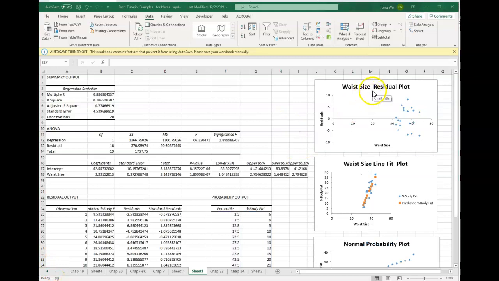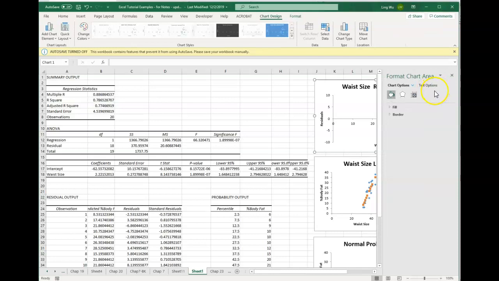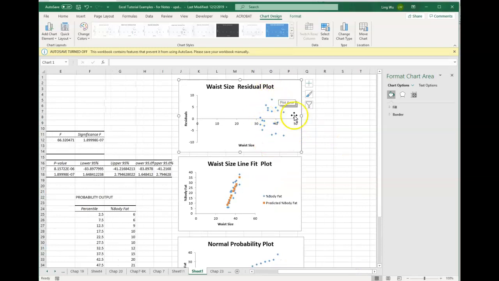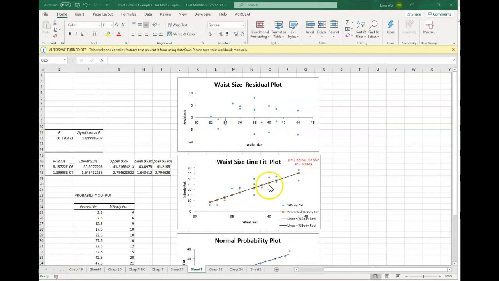I just expanded those plots, and then we double click these plots. We want to change, so you probably see the data is shown in this region, and we just make some changes to show these data points in the whole region. Okay, so I made some changes.